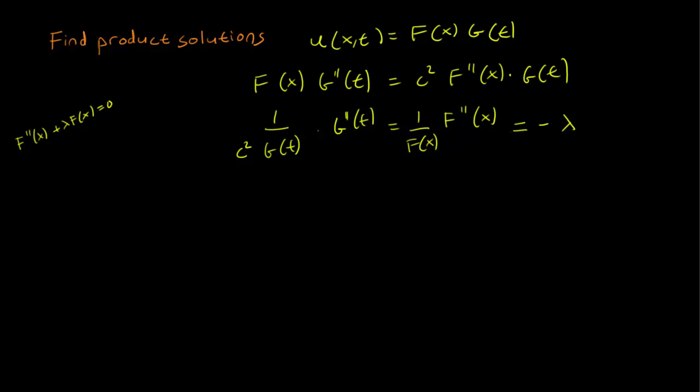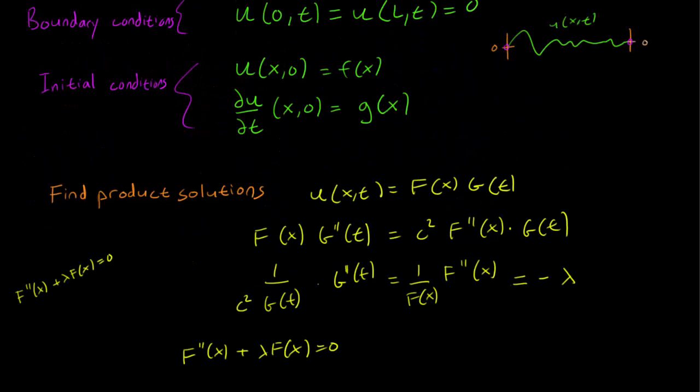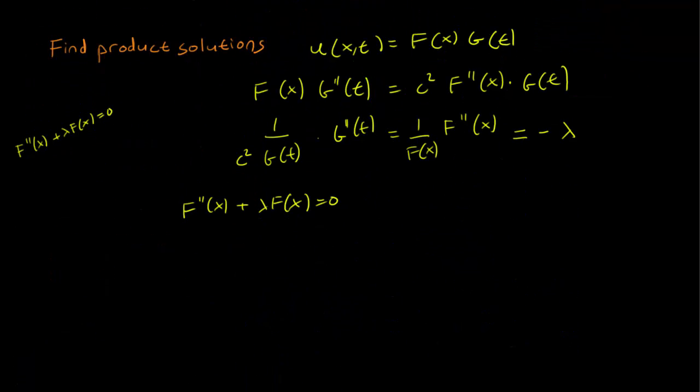The first ODE is one that we've done already several times in the past. We have, for our boundary value problem, f double prime(x) plus lambda f(x) equals 0, and our boundary values are going to be 0 on both sides. So we have f(0) equals 0, f(L) equals 0.